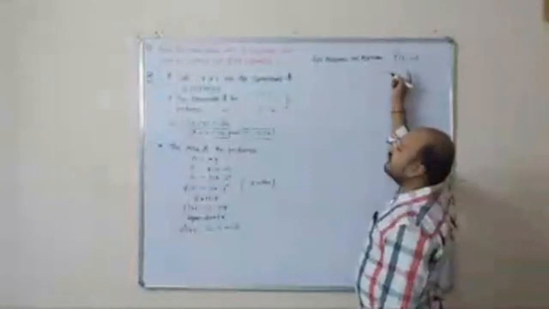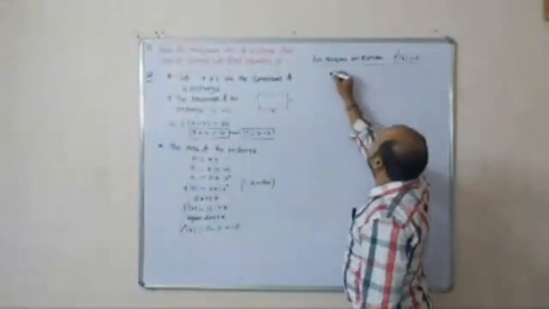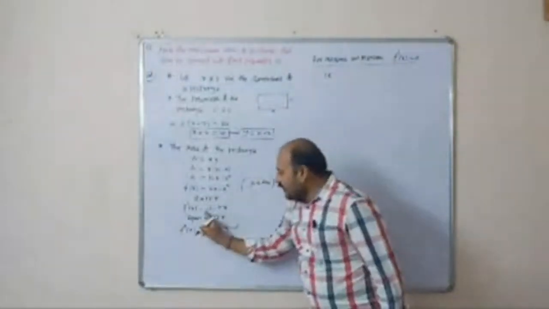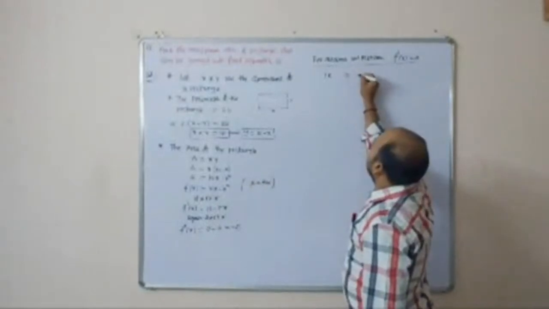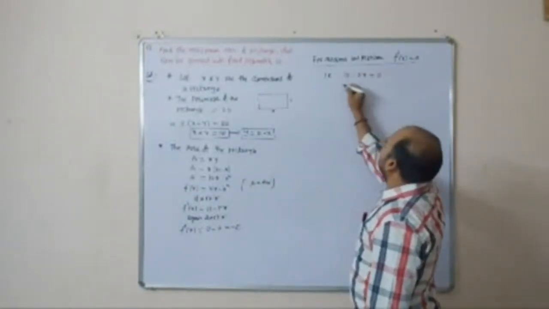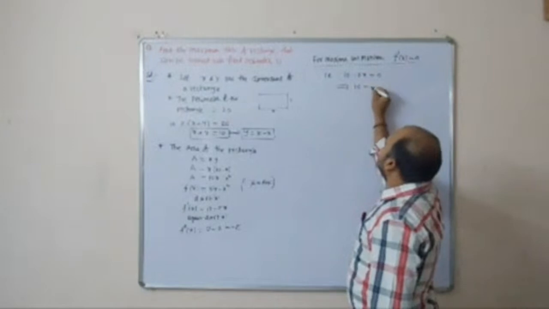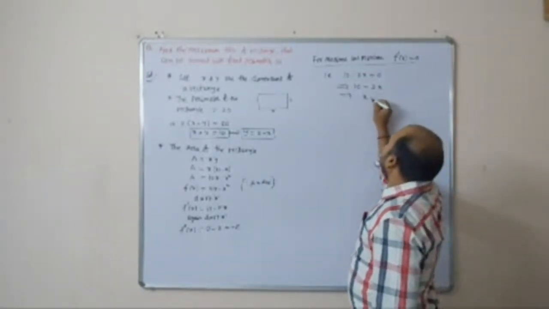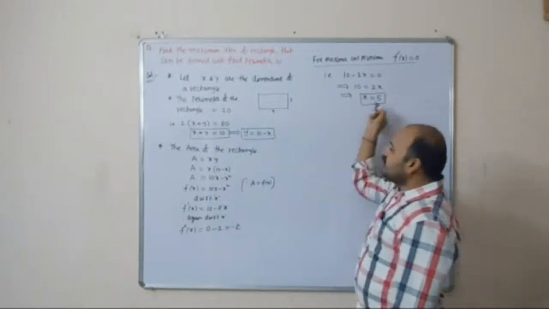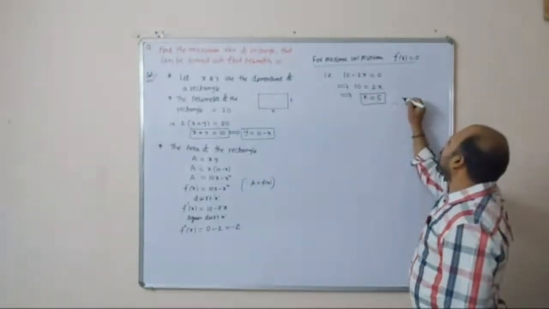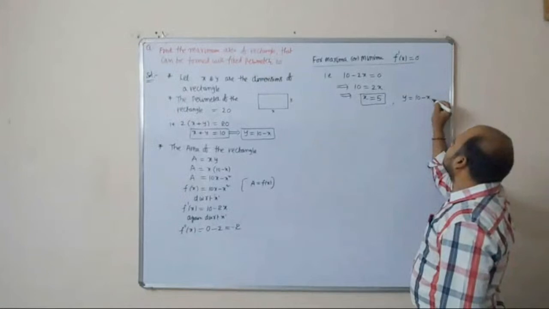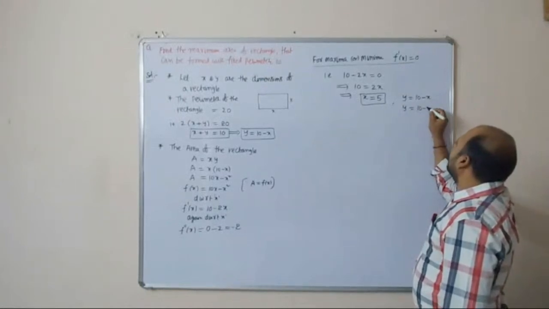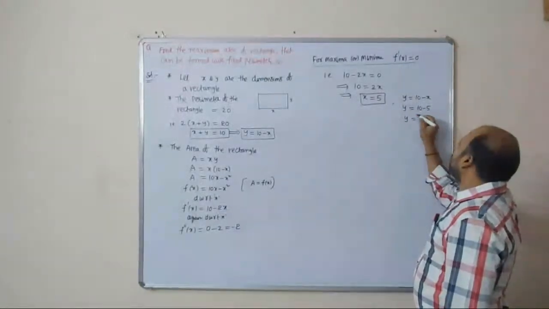What is f dash of x according to this? 10 minus 2x is equal to 0. That implies 10 is equal to 2x. So x is equal to 5. Whenever x value is equal to 5, substitute in y. So y is equal to 10 minus x, so y is equal to 10 minus 5. So y is equal to 5.